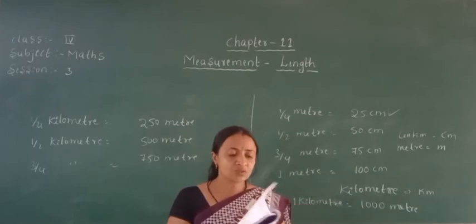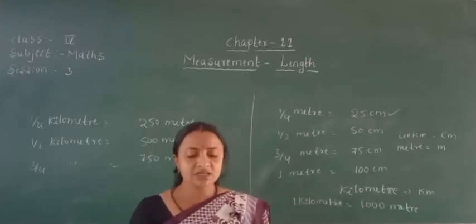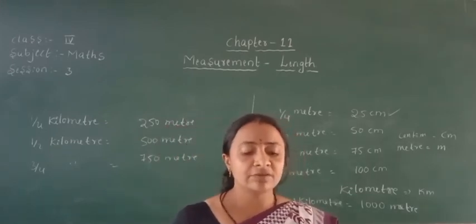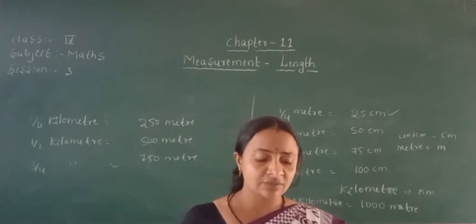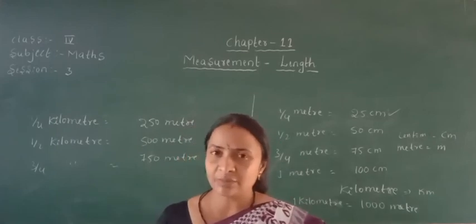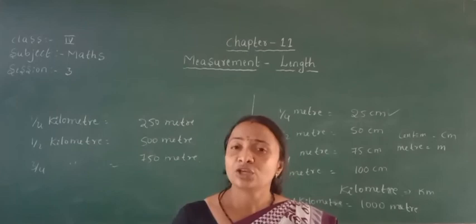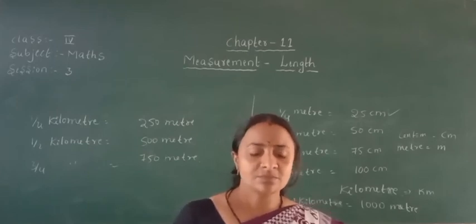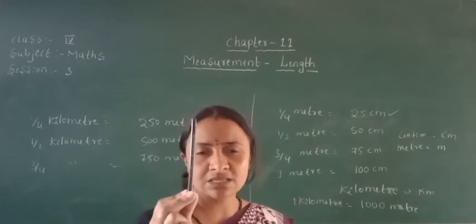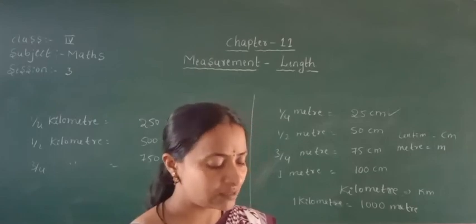Students, here is another one. Estimate the length or distance using a suitable unit given in the tabular column. Length of a pencil: do we measure in centimeters, meters, or kilometers? A pencil is very small, so we measure it in centimeters.